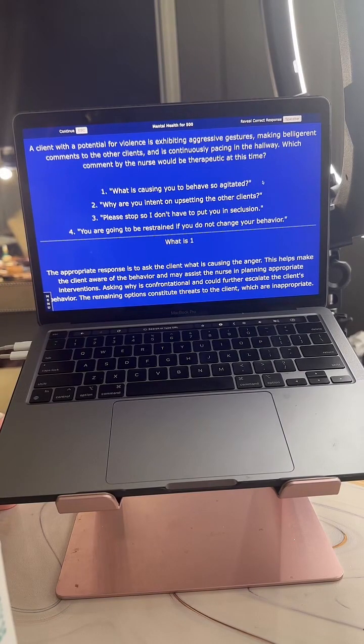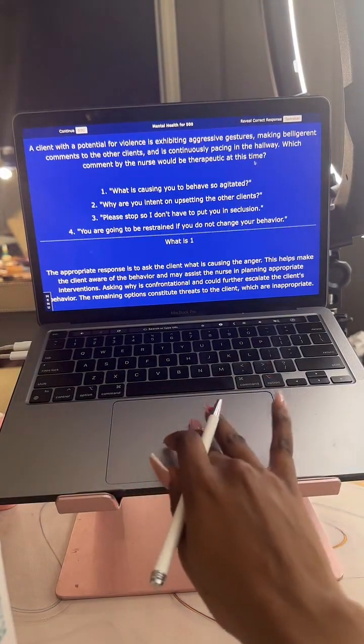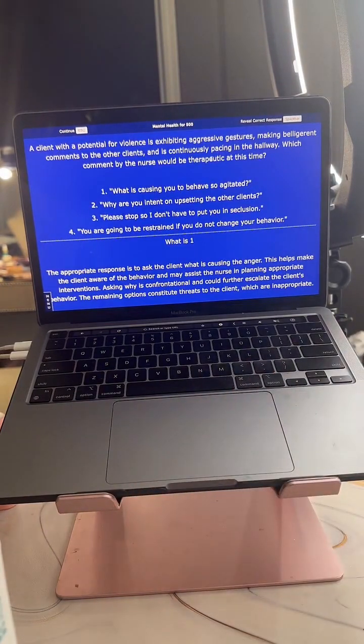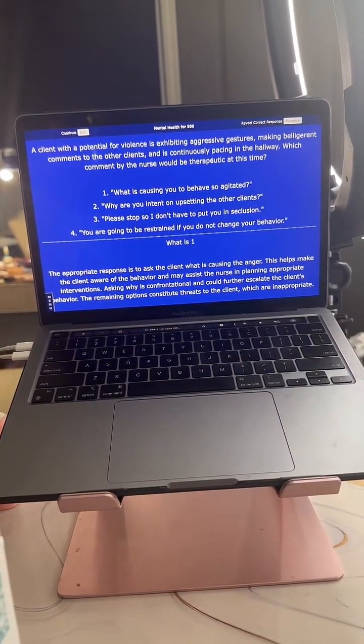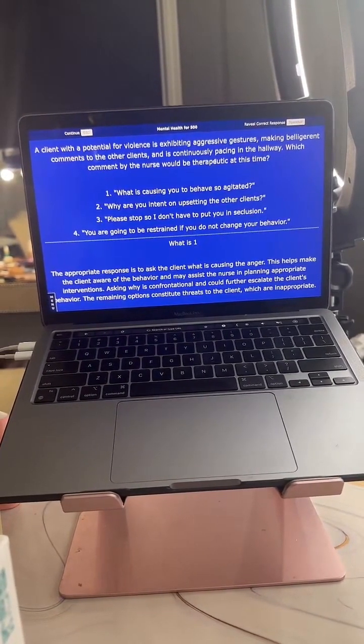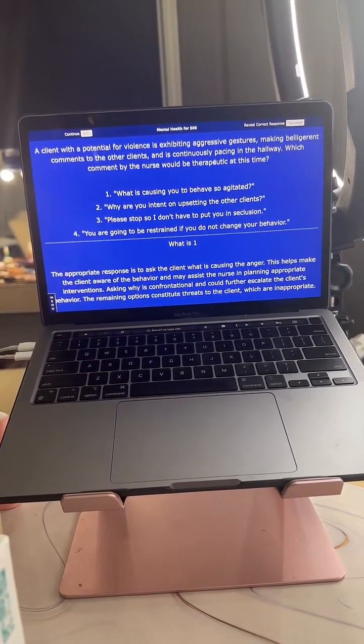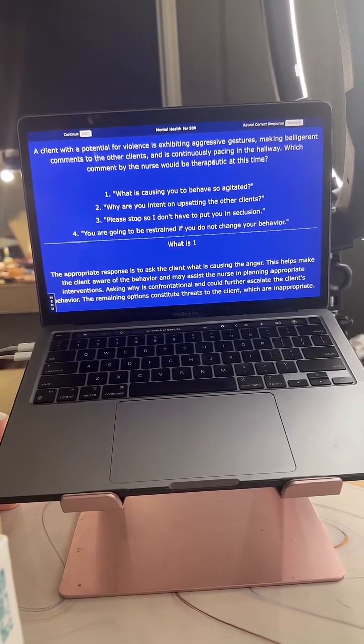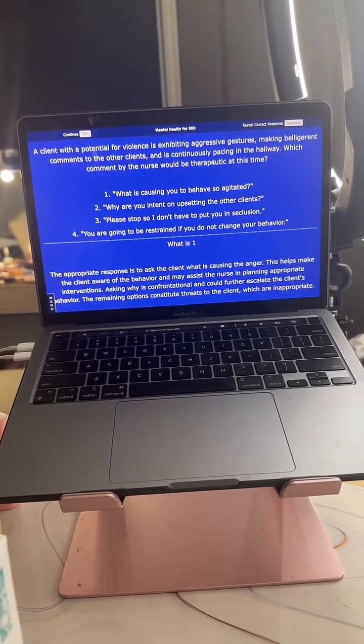You get it? So you never want to ask why, because asking why is confrontational. Please remember that. You never ask why or question, and restraints are the last option. I love that.